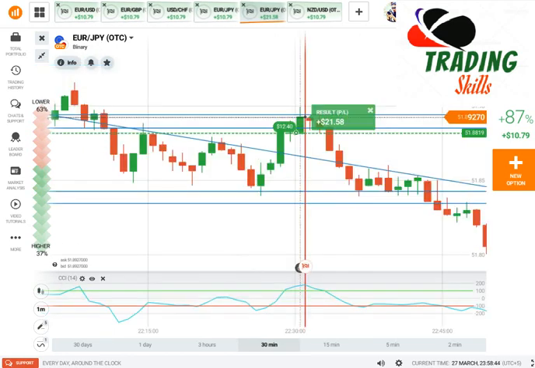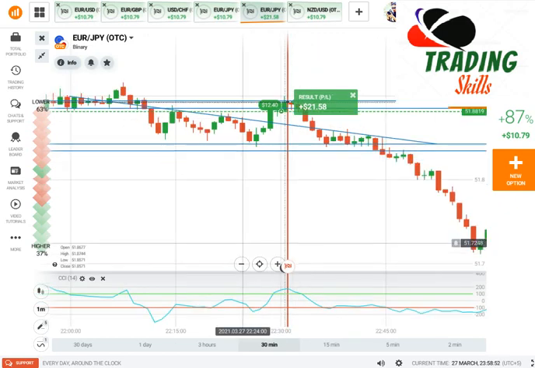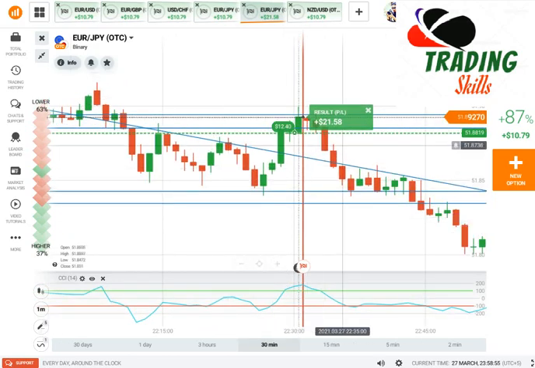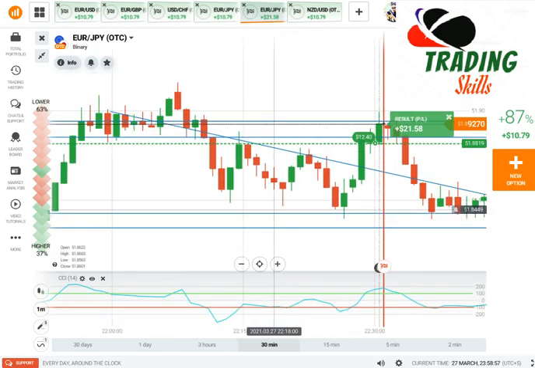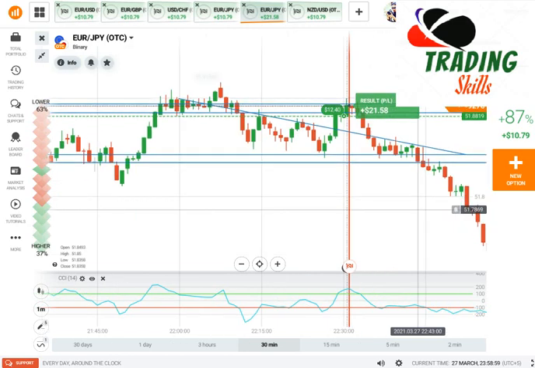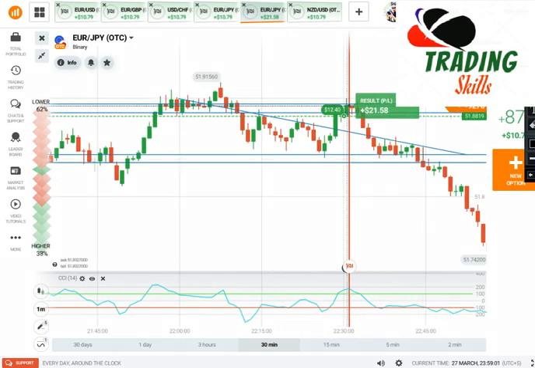Let me show you here. I took my trade here in an up direction. Why? Let me show you why I took my trade here. We need to check the levels or SNR. You can see there was a gap to the level, and this is a support, resistance, support, resistance, support, resistance, support, resistance.